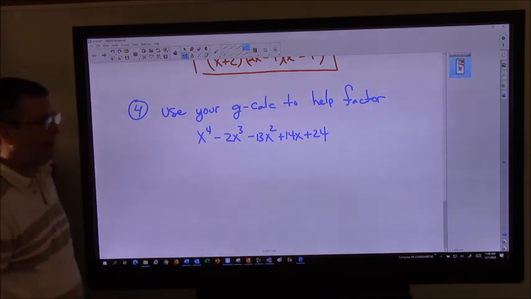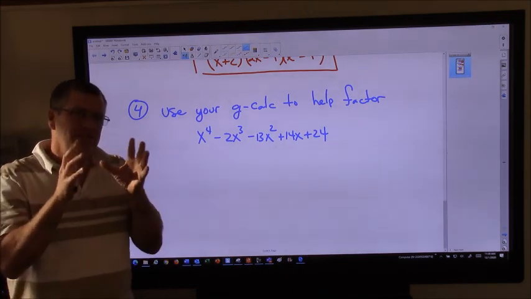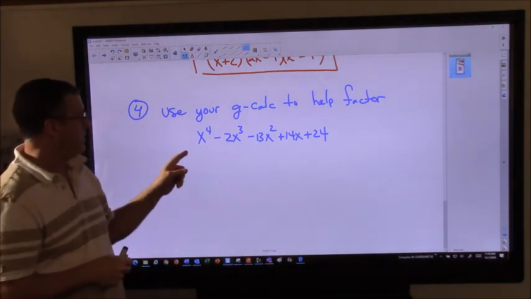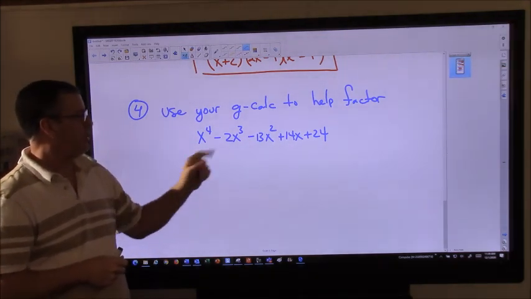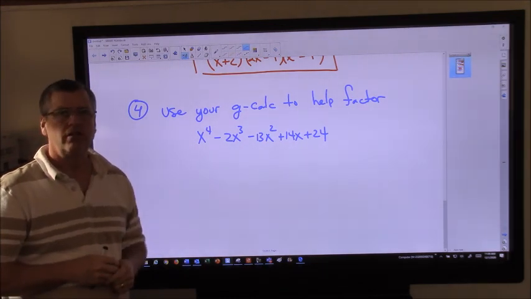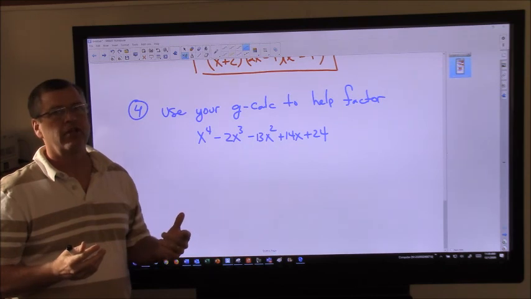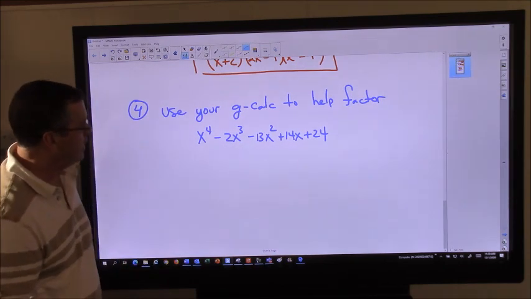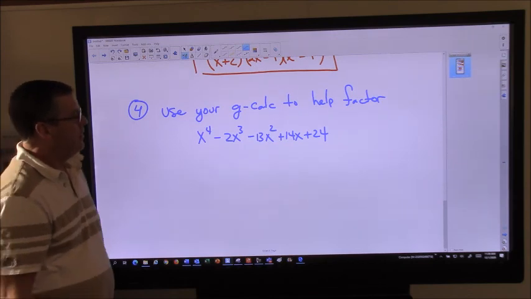Okay? I've seen some evidence of this happening, like people would just guess. Like they'd write down x minus 2 times x minus 13 times x plus 14 times x plus 24. Math will never work out that way. Never. Right? We got to go through and do the work to figure out what those factors are.